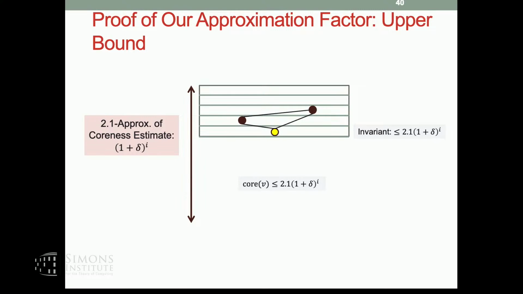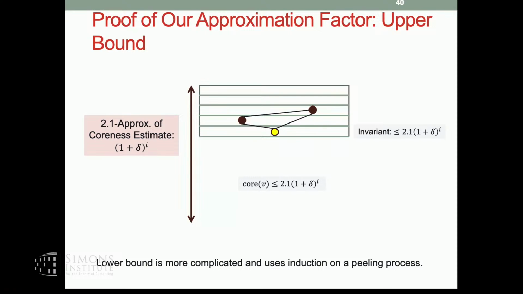It's just one-sided. If you want to prove the other side, meaning that you want to show that the true core number is not too much smaller than the estimate, the proof is more complicated, but it also uses this peeling process. The high-level idea is to assume that the true core number was a lot smaller than the estimate the algorithm gave.